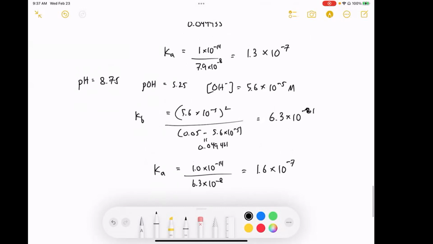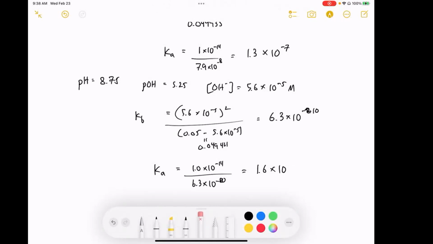So this will give me a negative 10 value. So maybe I've just been dividing it a little bit too much. Okay. Then 1 e to the negative 14 divided by 6.3 to the negative 10. Okay, that makes much more sense.